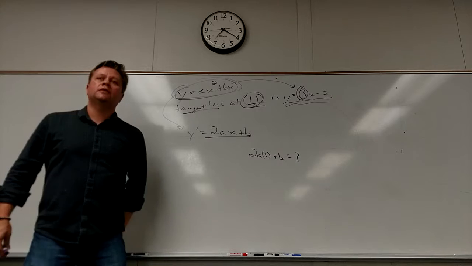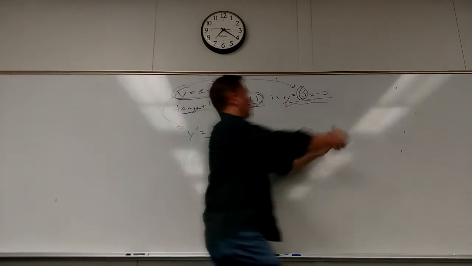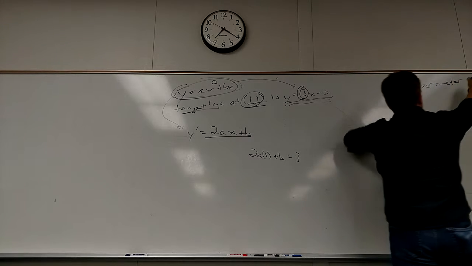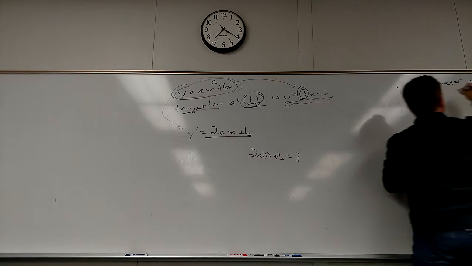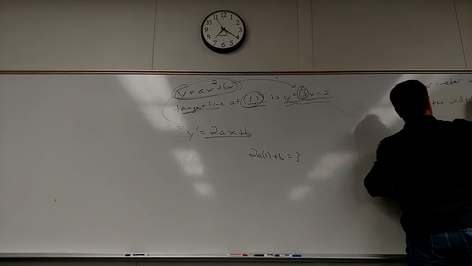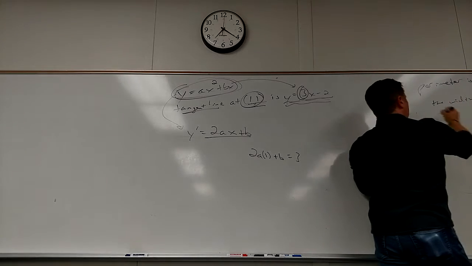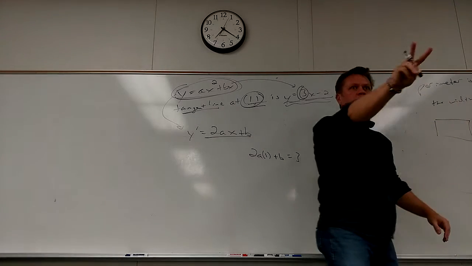This happens all the time in math. Perimeter is 40 meters. The width is 2 less than the length. So how many ways are there to write perimeter? 2.